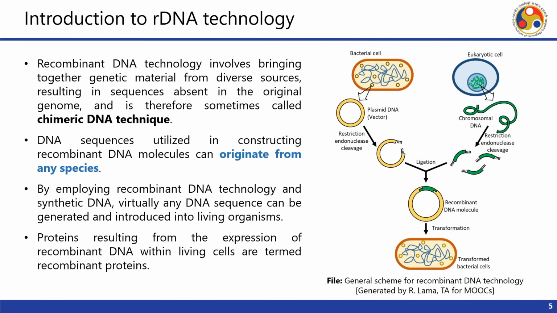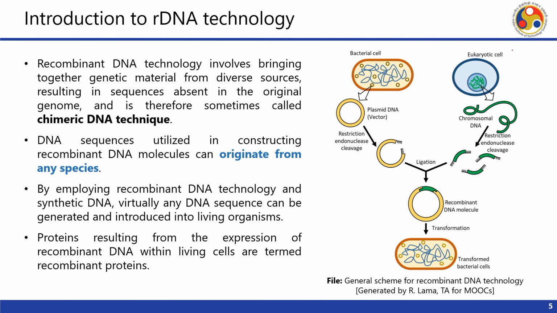So let's have a look at this general scheme for recombinant DNA technology. So here we have a bacterial cell which has extra chromosomal DNA called plasmid. Using these plasmids, we construct the vectors, or some of these are already ready-to-use vectors.